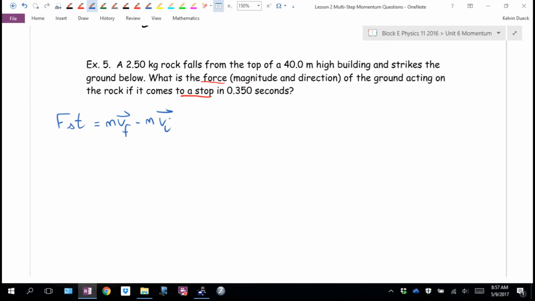What's the final velocity? Oh, so nicely I can do this. In fact, we get the same line as we got just a few minutes ago. We get negative mv initial divided by time.